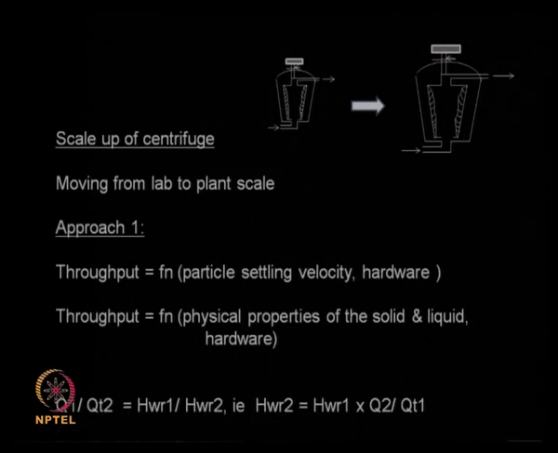So Q2 by Q1 tells you how much scale up I am going to perform with respect to throughput. So you multiply the hardware 1 values with this particular ratio of Q2 by Q1. Okay, let us look at a problem.